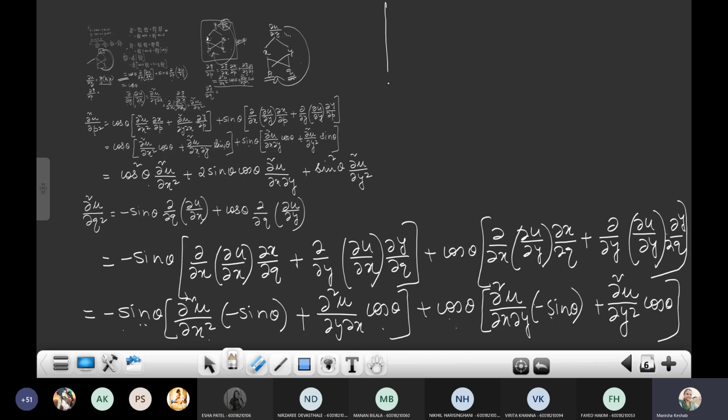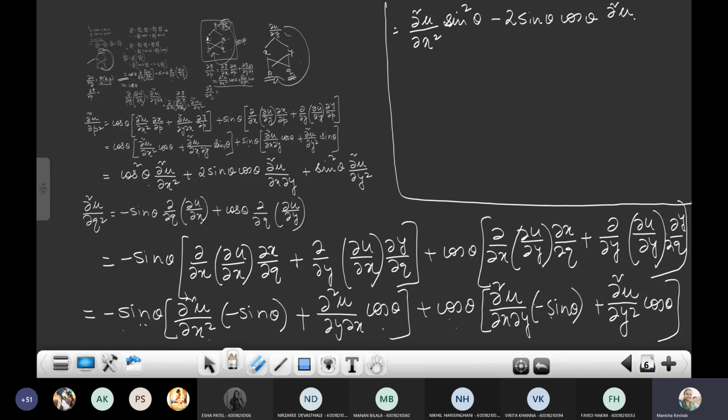Okay, so adding, we will get what? So this will give me, which is equal to del square u del x square sin square theta minus 2 sin theta cos theta del square u del x del y, okay, and plus cos square theta into del square u del y square.